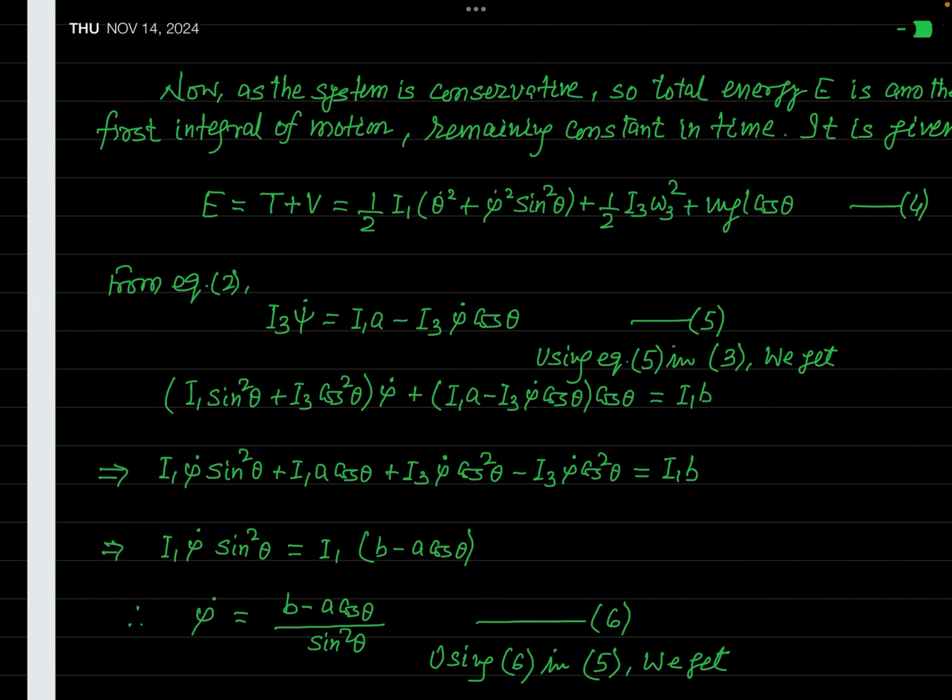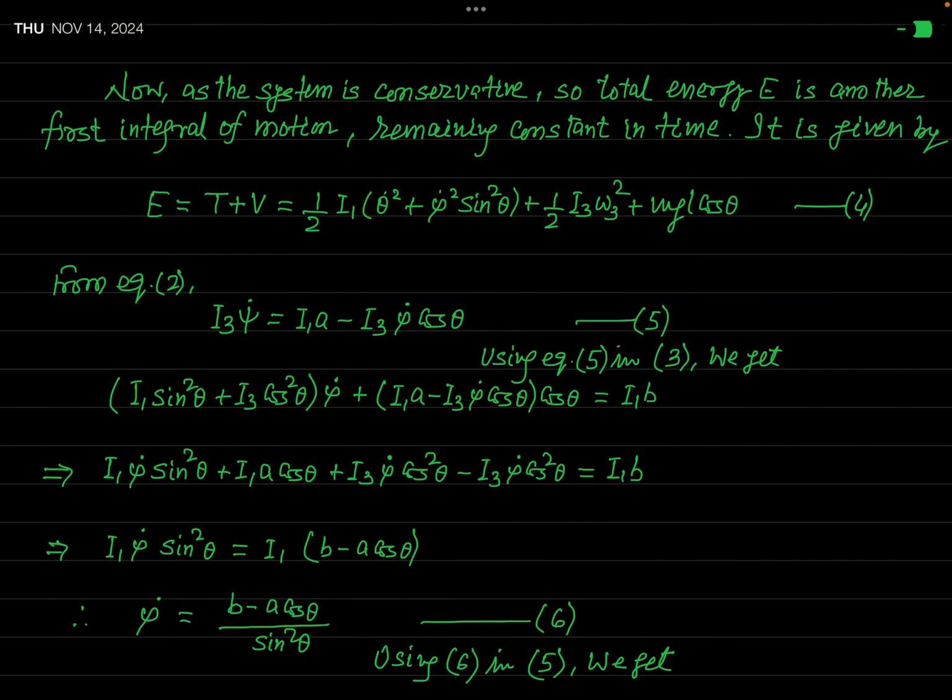Now let us see. After getting these two constants of motion, or two first integrals, we can think about the next first integral, which is the third first integral. And what is that? As you know, here our symmetric top is moving under gravity, and the force of gravity is a conservative force.